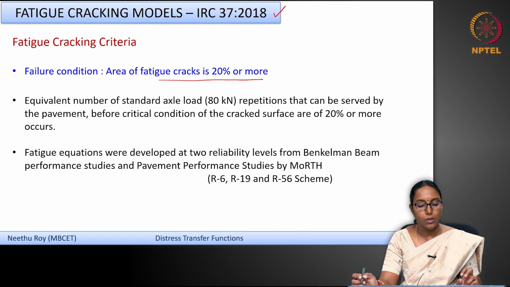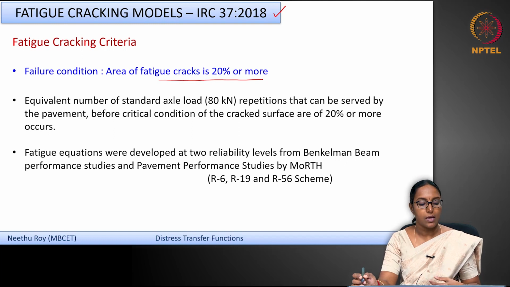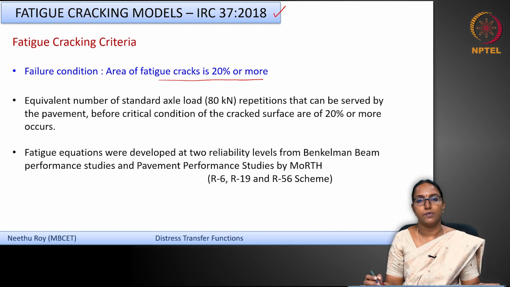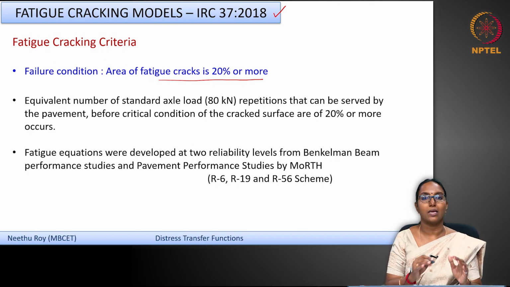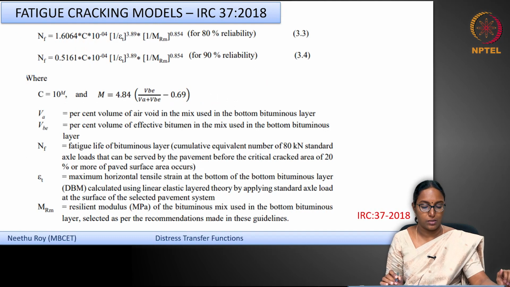In IRC 37, the distress transfer functions are prepared at two reliability levels, and the data is used from the performance studies, the BBD studies, etc., conducted on a number of road stretches as per the R6, R19, R56 scheme of the Ministry of Road Transport and Highways. So, this extensive data has been used to arrive at the distress transfer functions.